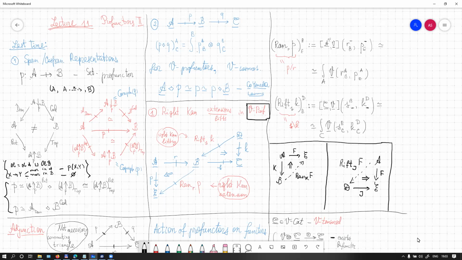The formulas are given for right Kan lifting and right Kan extension by the formula that I'm trying to underline right now. So to get your right Kan extension, you are taking natural transformations between common variables of two functors. The common variable of P and R is A. So you are taking natural transformations on a contravariant component.